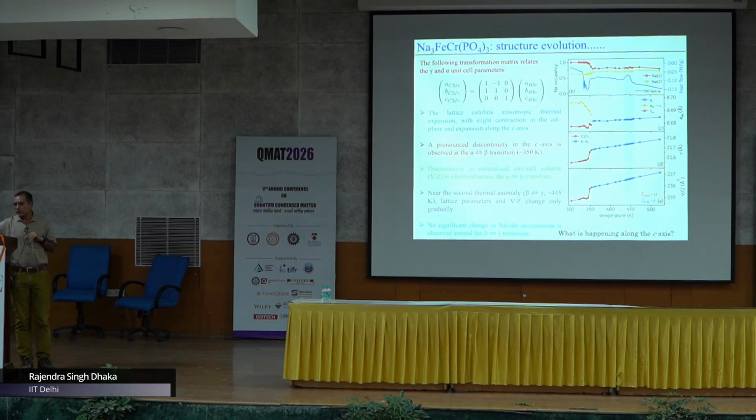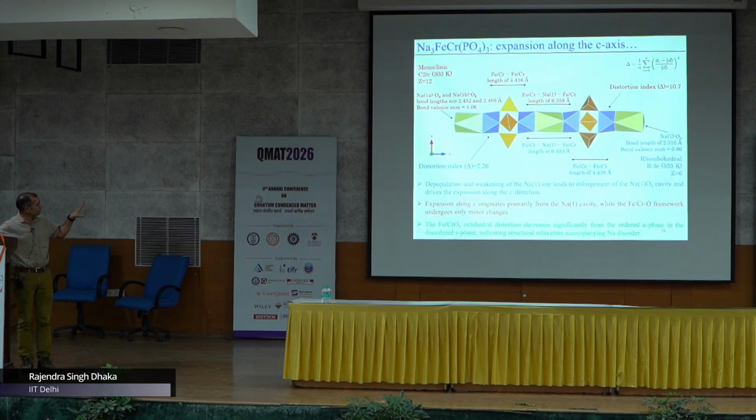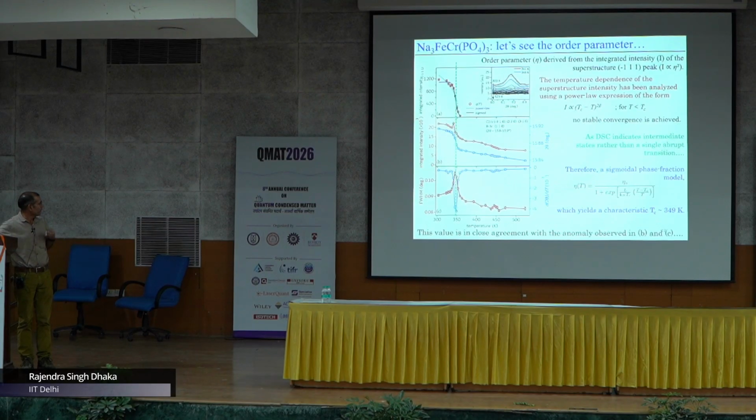So we wanted to understand what is happening in the C axis. We calculated the bond lengths and found that there is elongation in the C axis when we go from the monoclinic to the rhombohedral structure.